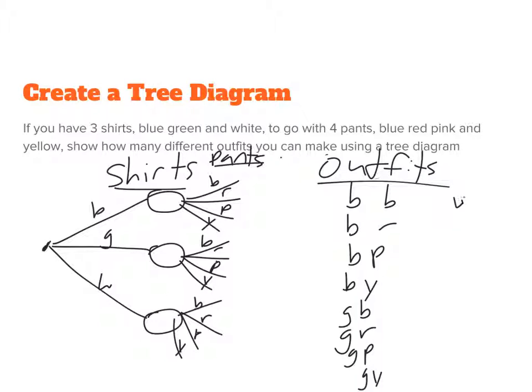We also have white shirt with blue pants, red pants, pink pants, and yellow pants. So if you count them up, 1, 2, 3, 4, 5, 6, 7, 8, 9, 10, 11, 12. We'd have 12 total outfits. And using the fundamental counting principle, we would have done 3 times 4 and got 12 as well.